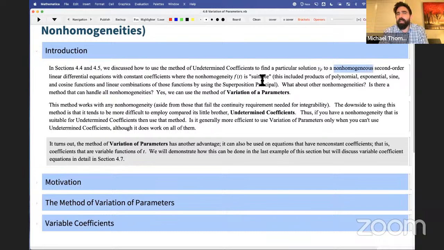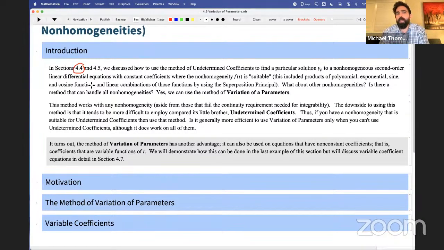As long as the non-homogeneity was suitable, we can use the method of undetermined coefficients. It was discussed in 4.4 with a direct approach, and it finds one particular solution to the differential equation.